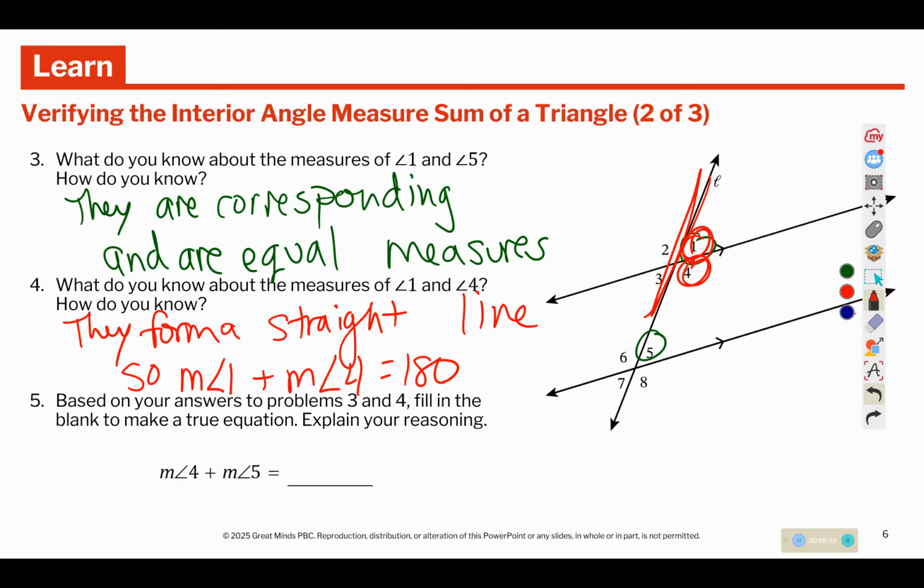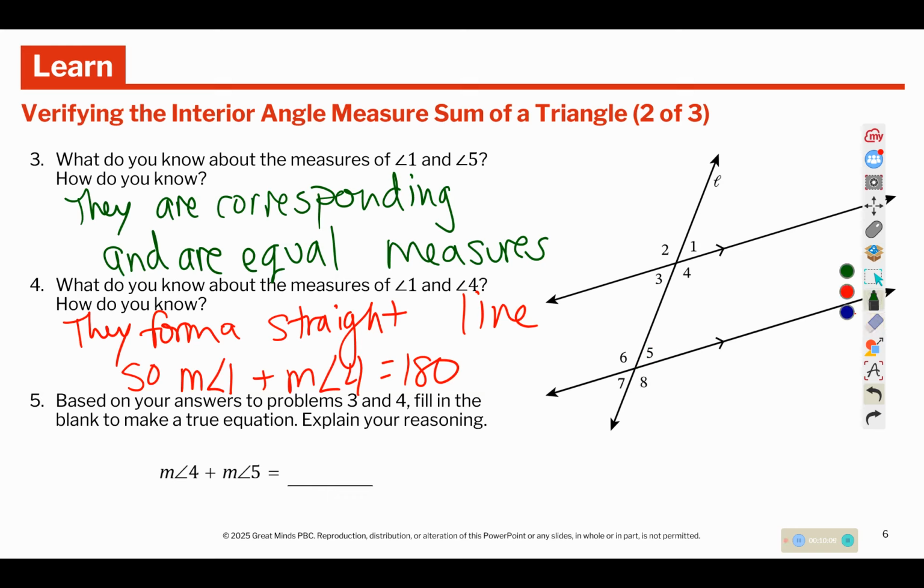Based on your answers to problems 3 and 4, fill in the blank to make a true equation. Explain your reasoning. Well, if we know that 1 plus 4 is 180, and we know that 1 and 5 are the same, I can put 5 and 4 together to make 180 degrees also.